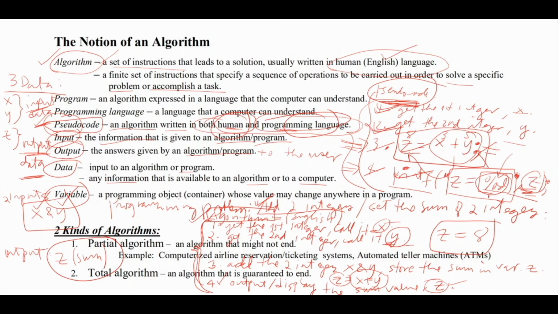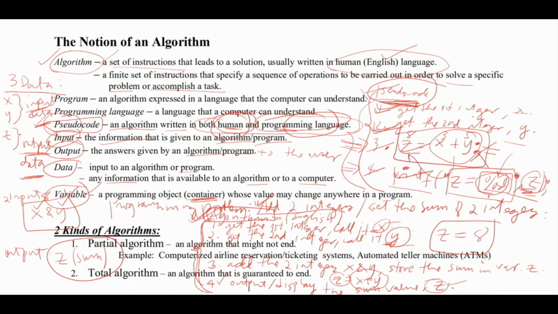Just like in mathematics, we always encounter this word variable. So a variable is simply a container whose value may change anywhere in the program. So when we rewrite this algorithm or this pseudocode using a programming language, we have now a program, okay?